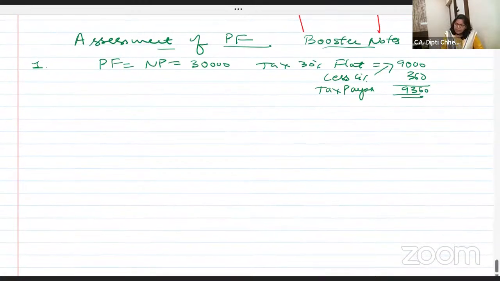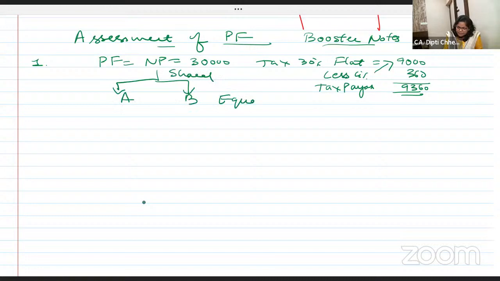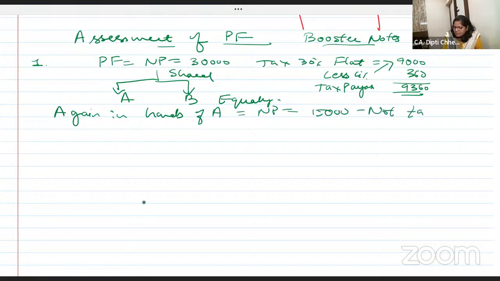Partnership firm is paying flat rate of 30% tax. This I have taught you in the very first class. 9,360 along with cess. Now, say this net profit is shared by A and B equally. Then again, in hands of A, net profit 15,000, not taxable.